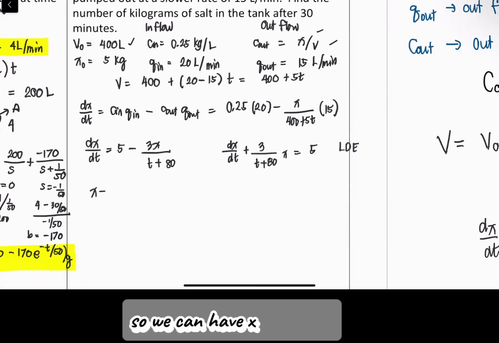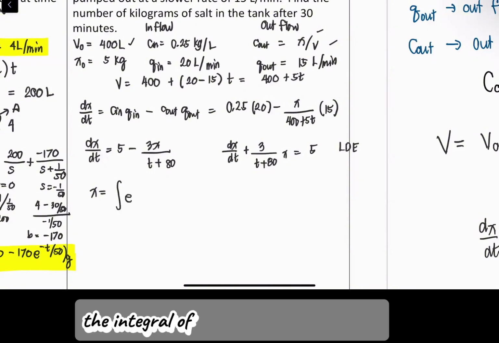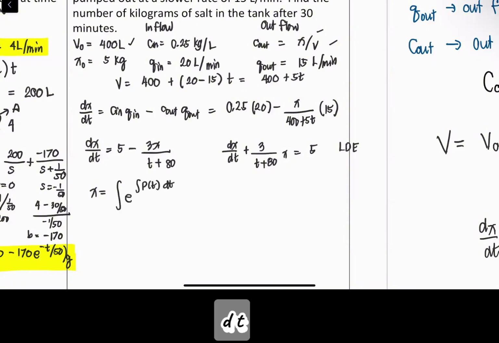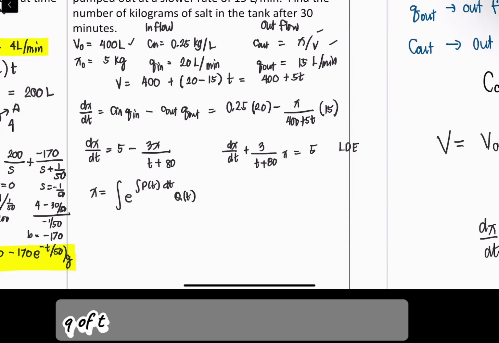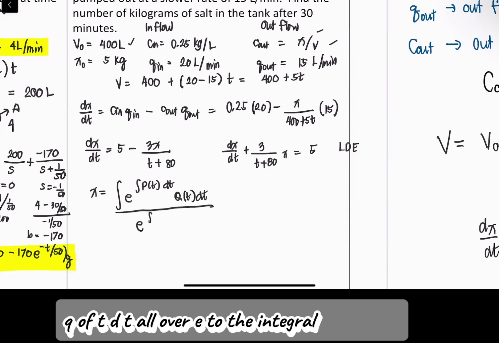So we can have x is equal to the integral of e to the integral of p of t dt, q of t dt, all over e to the integral of p of t dt.